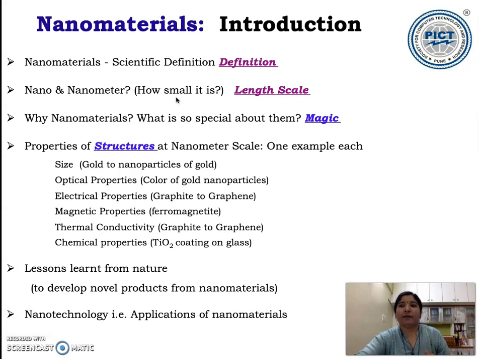For example, it was used in dyes to impart color in fibers and fabrics around 2600 BC. Even in Middle Age churches, the stained glass artisans utilized nanoscale materials to impart different colors to the window panes.